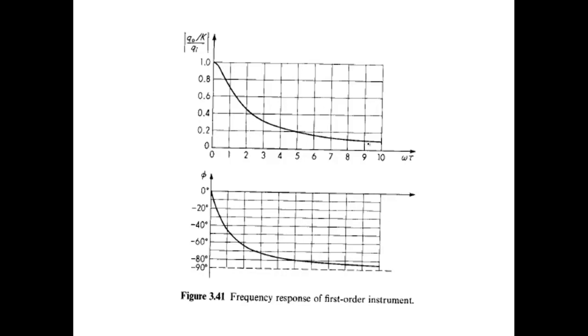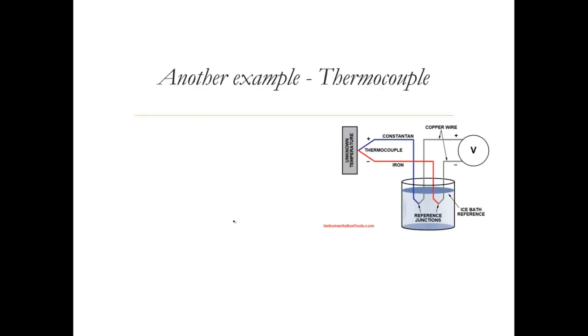A large change, you can say it is really undesirable, and with higher omega tau also, again you have a large phase shift between the input and the output. So here we say something called attenuation that happens. So we have a very small output for a good amount of input. We have very small output because there is a lot of attenuation that is happening. So we'd always like to have this omega tau near to 1, which is always desired, so that we have the least attenuation and then the least phase change between the input and the output.